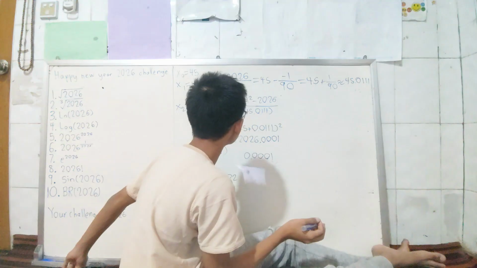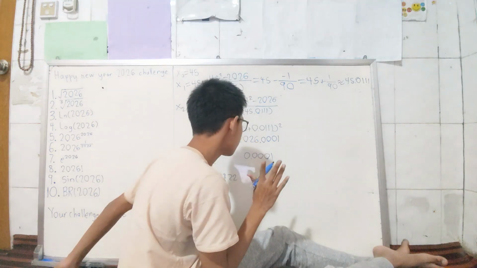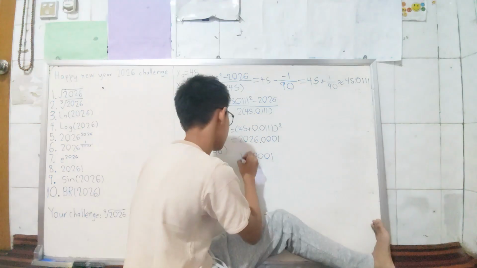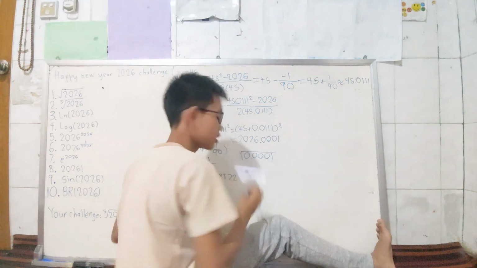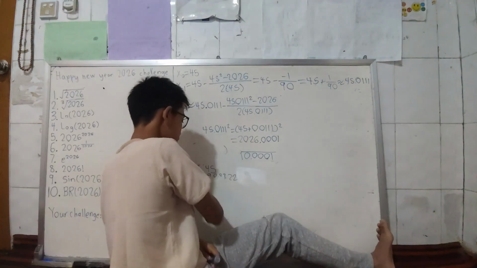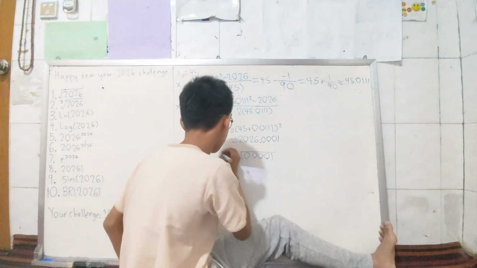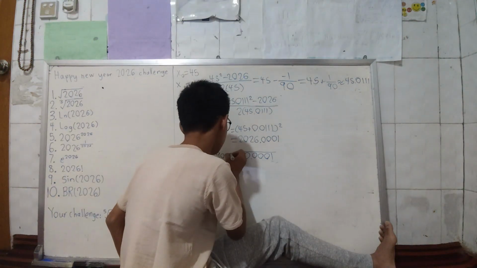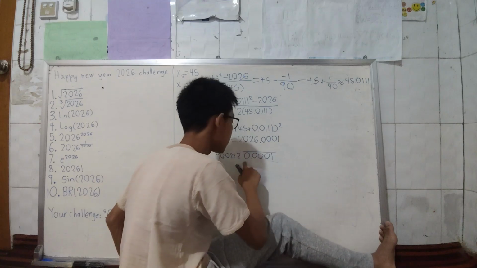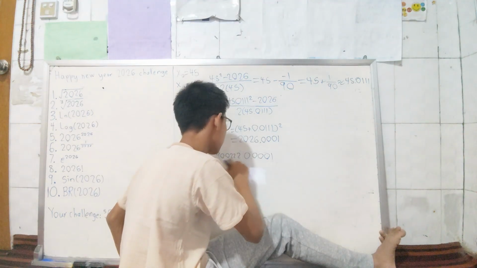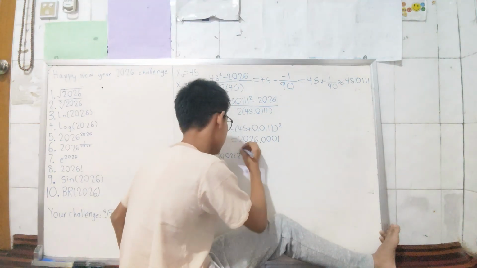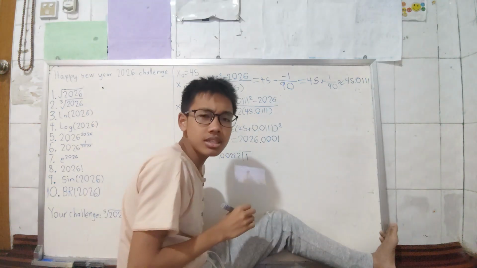But let's just round to 5 decimal places. Just for that. 90.222. Wait a minute. Please, what is that? What's that, bro?